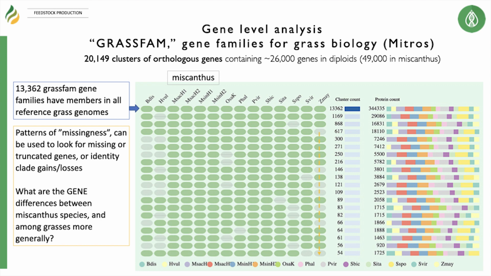And so this is a slide from Therese Mitros looking at the genes of Miscanthus and trying to compare them to the genes of all the other grasses whose genomes have been sequenced. We have about 20 of them. And it's this interaction that's then going to allow us to transfer information from well-studied maize, for example, into less well-studied, less well-understood Miscanthus, and accelerate that process of discovery and understanding.